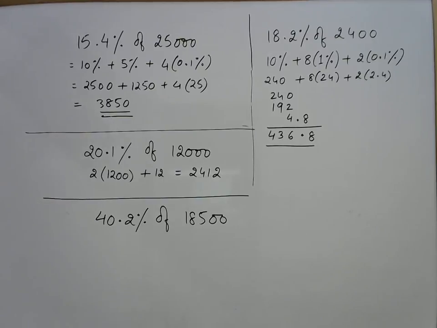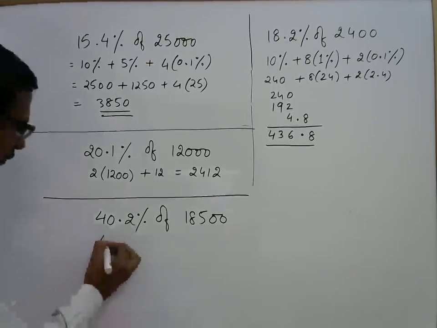Just break 40.2. 4 into 10 plus 2 into 0.1. So again, some different answers are coming in. And the prominent answer is 7437. 7436 Piyush. Okay, typing error there. Okay, 7637 Kinira Madhu. Please check. 7437 again. So most of you are getting 7437.